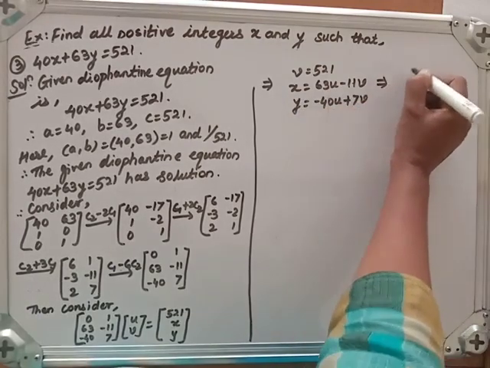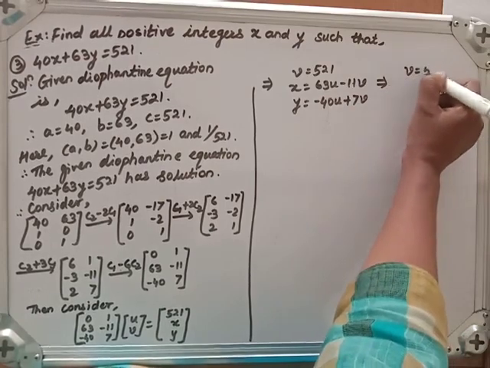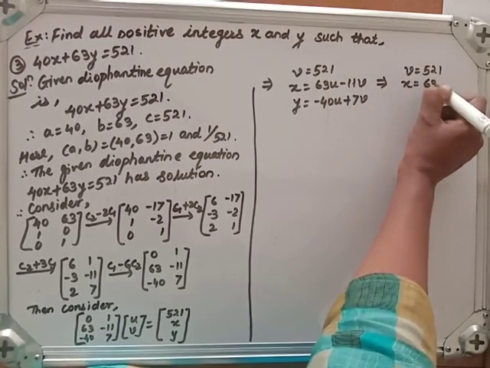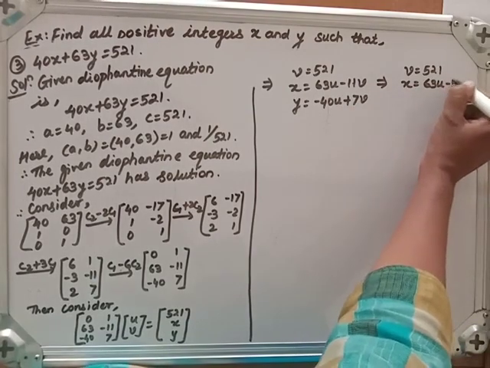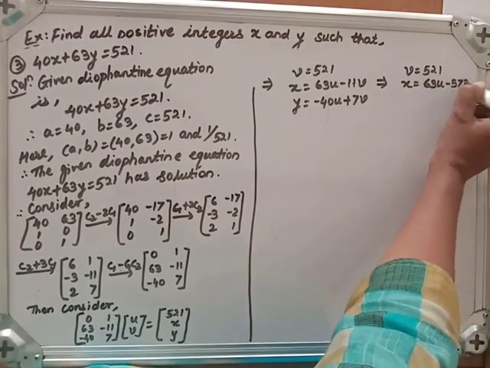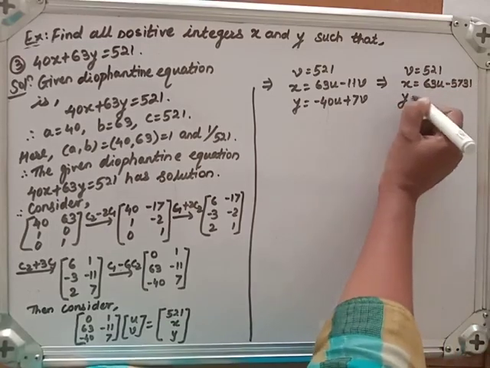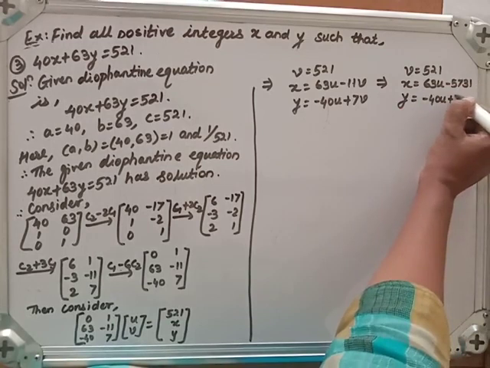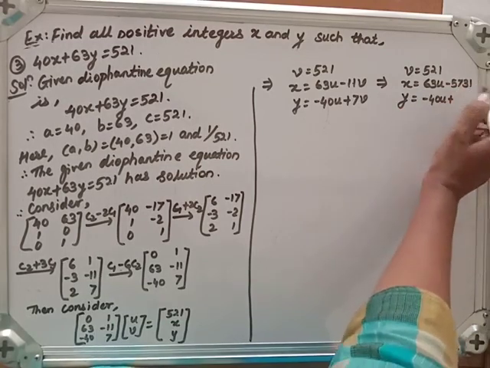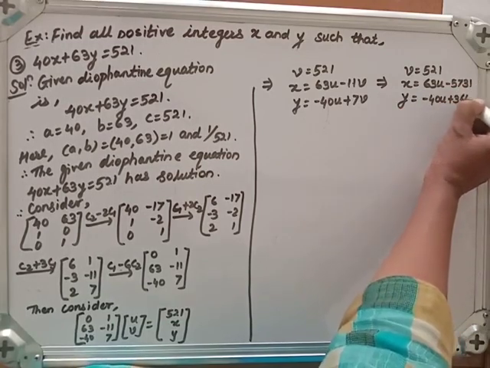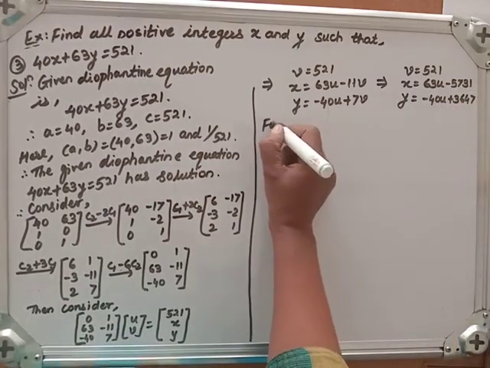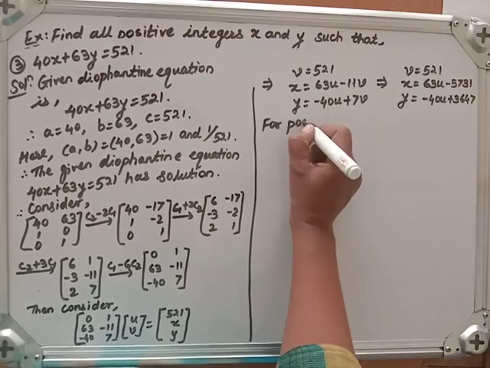That is same as v is equal to 521, x is equal to 63u minus 5731 and y is equal to minus 40u plus 3647.